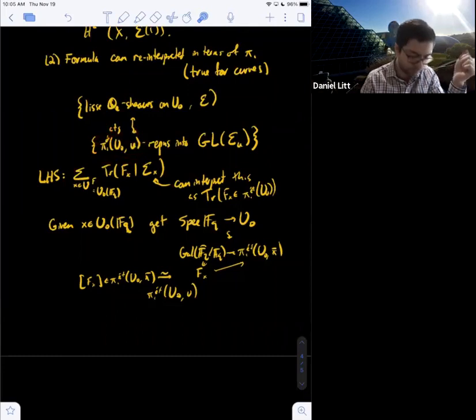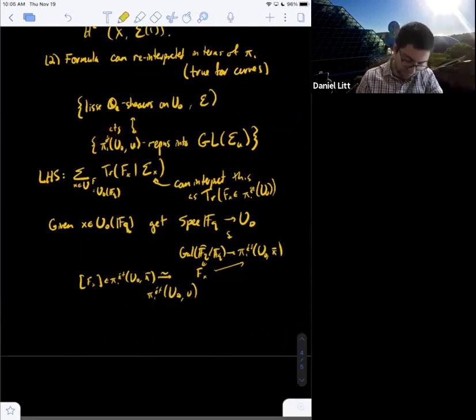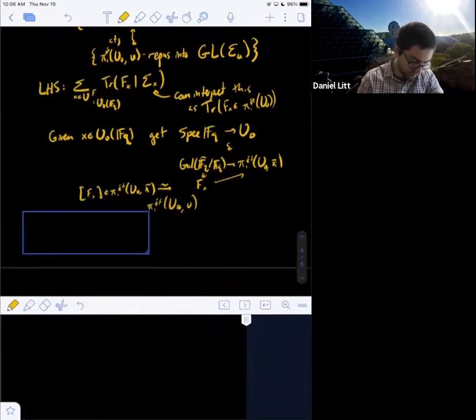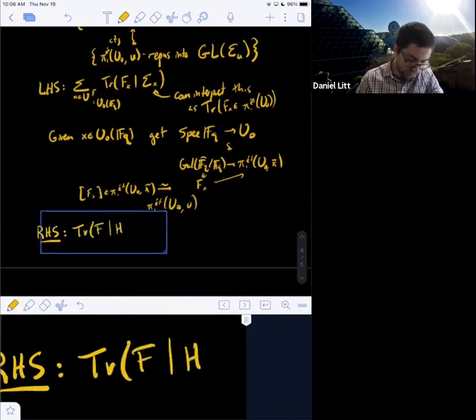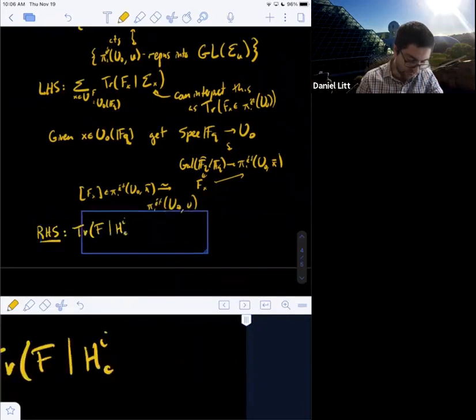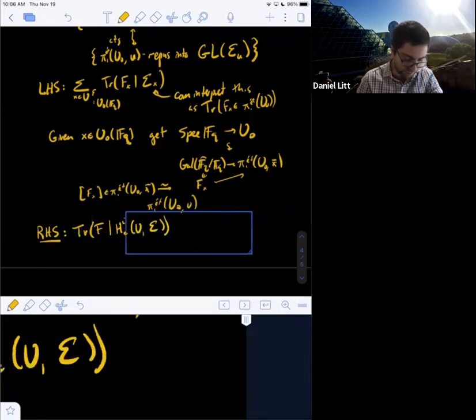Okay, so let's look at the right-hand side. Let me remind you, this had pieces that looked like the trace of the Frobenius on H^i compactly supported cohomology of U with E coefficients. And here we're going to have to use Poincare duality.